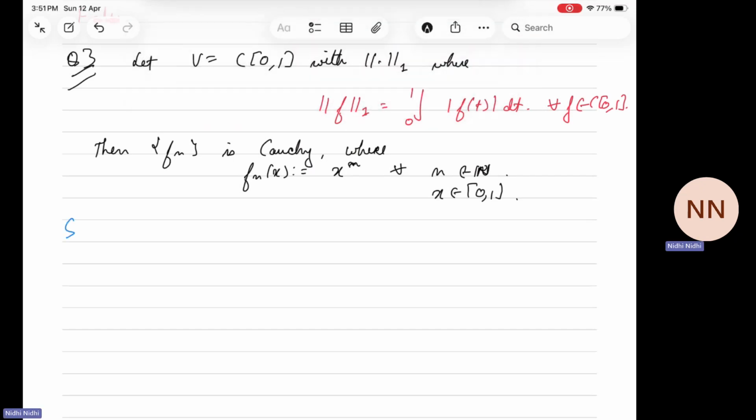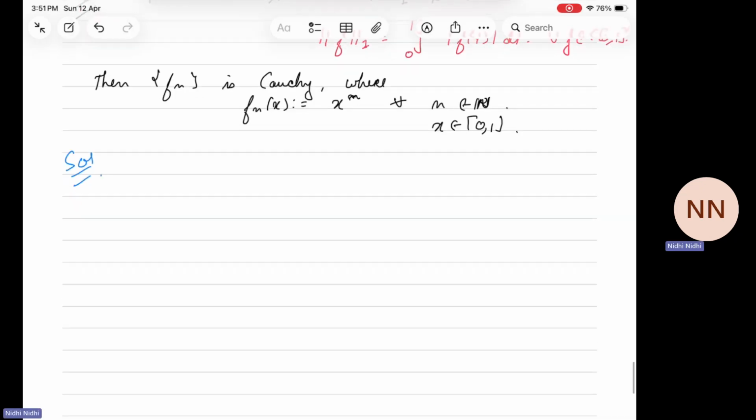So let's see whether this will be Cauchy or not. Let n and m be any natural numbers. Without loss of generality, we can assume one to be bigger than the other one.